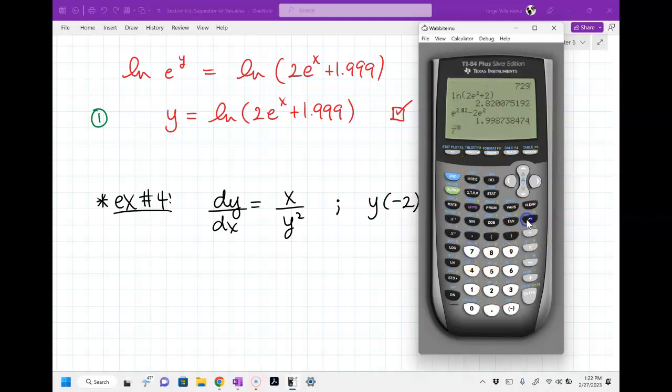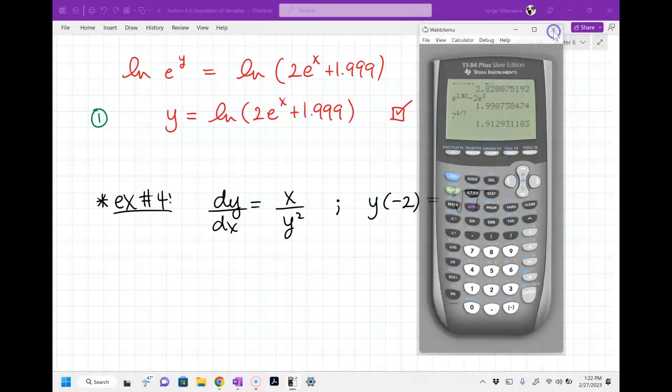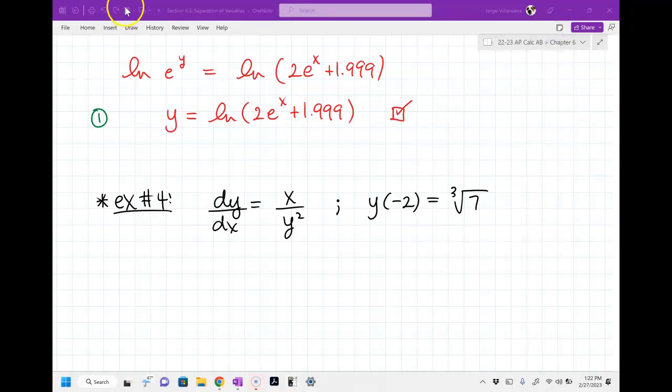Seven to the 1/3 power. 1.913. So I have the point negative 2, comma 1.913.